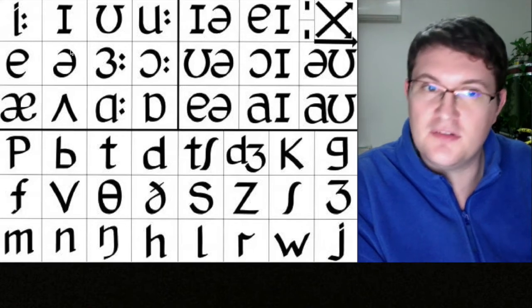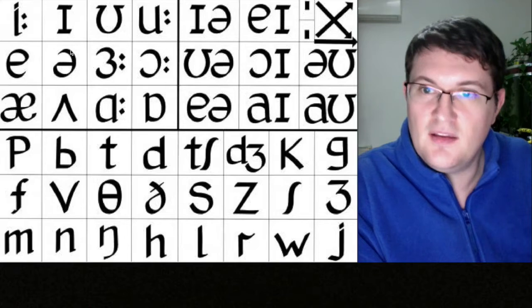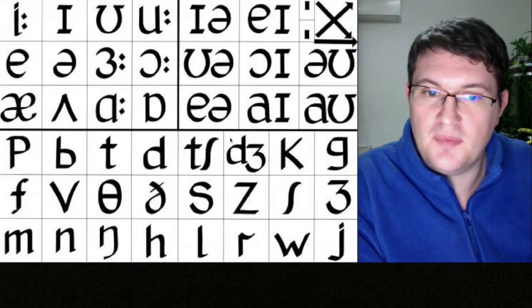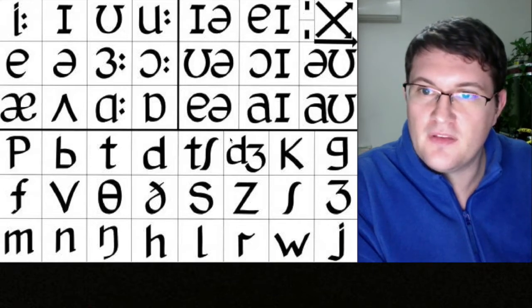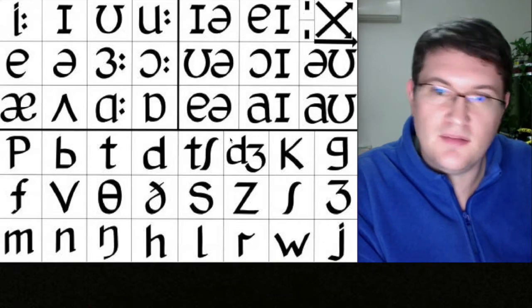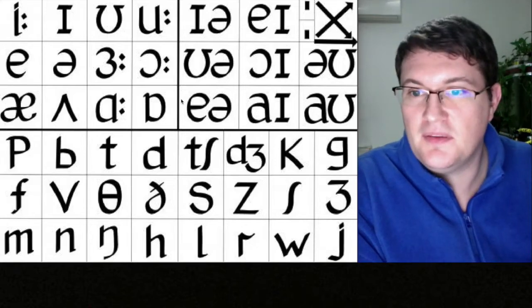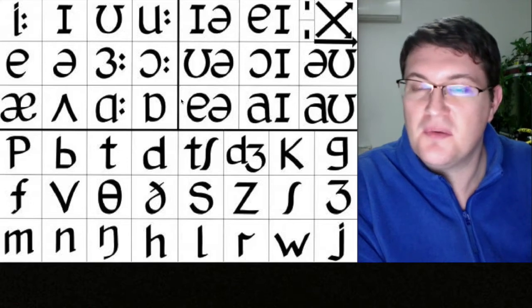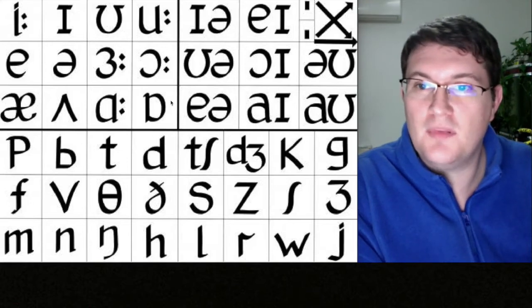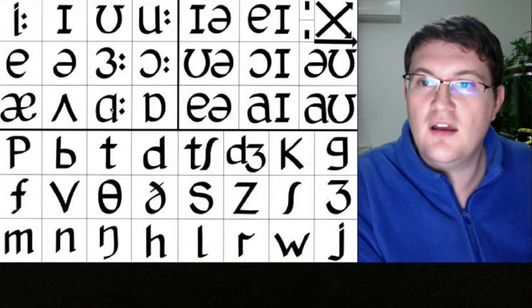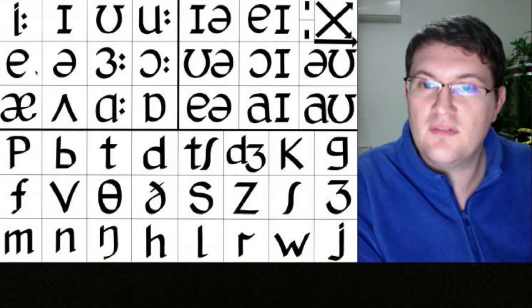I just want to introduce the chart briefly. This chart was made by Adrian Underhill. You can Google him. He's quite popular in the English ELT community. So if you look in the top left area of the phonemic chart, these are all vowels.